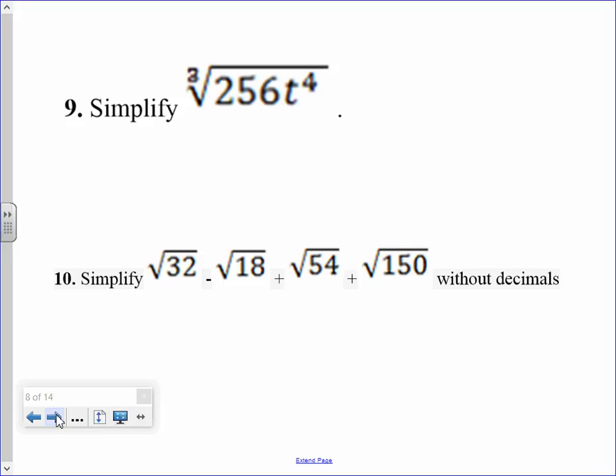What is 2 to the 3rd? What is 3 to the 3rd? What is 4 to the 3rd? What is 5 to the 3rd?